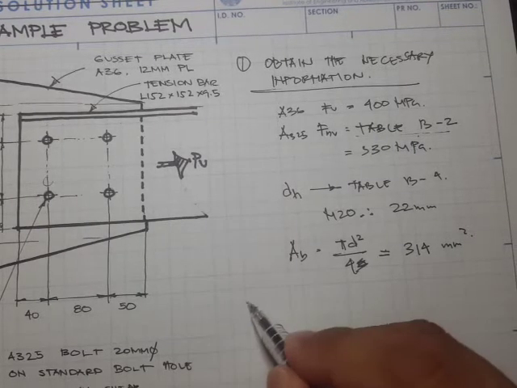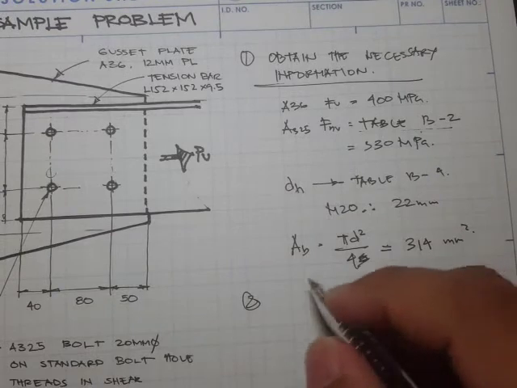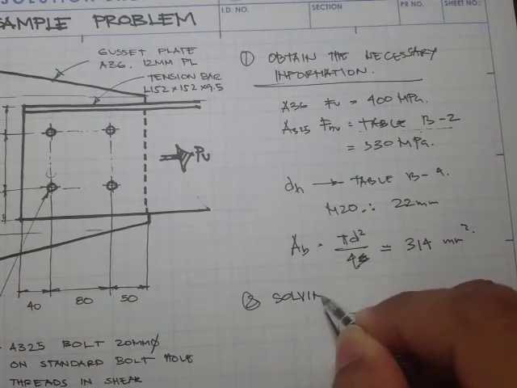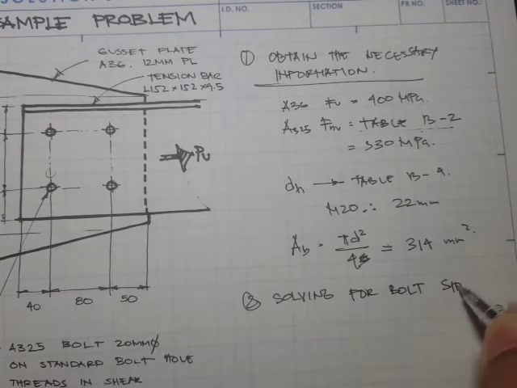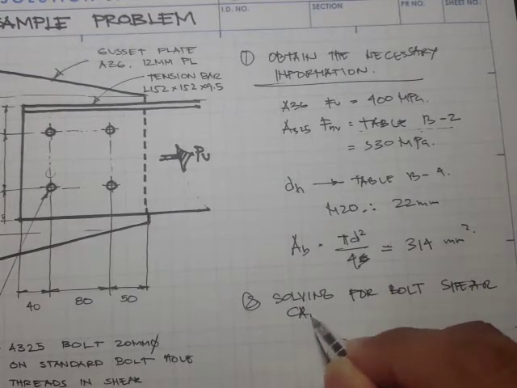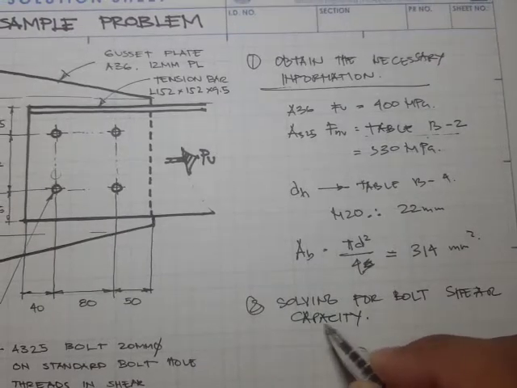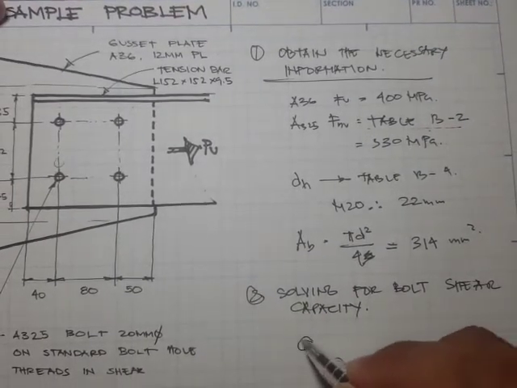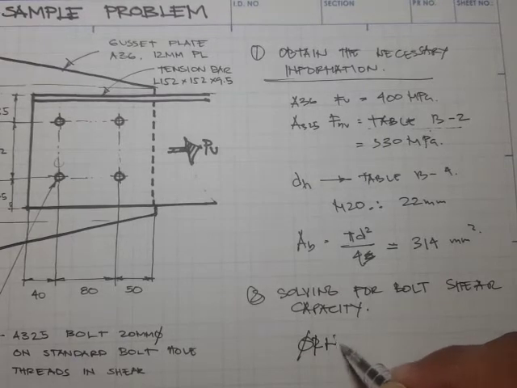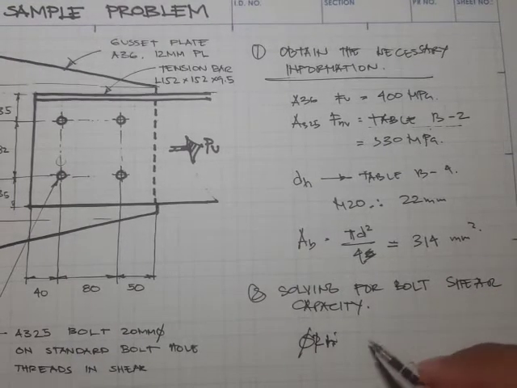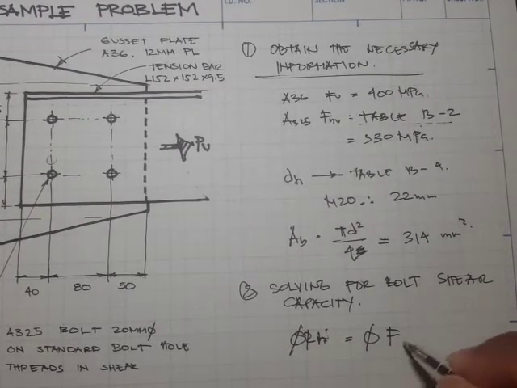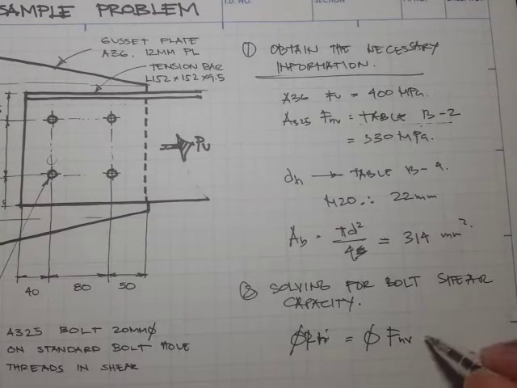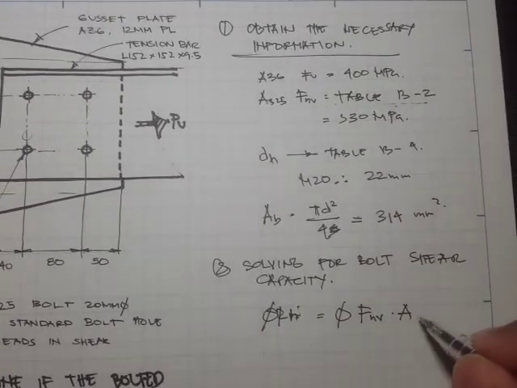Okay, so now let's solve for the bolt shear capacity. Our factored shear, R sub n, is equal to the reduction factor times the nominal shear strength of the bolt times the area of the bolt.